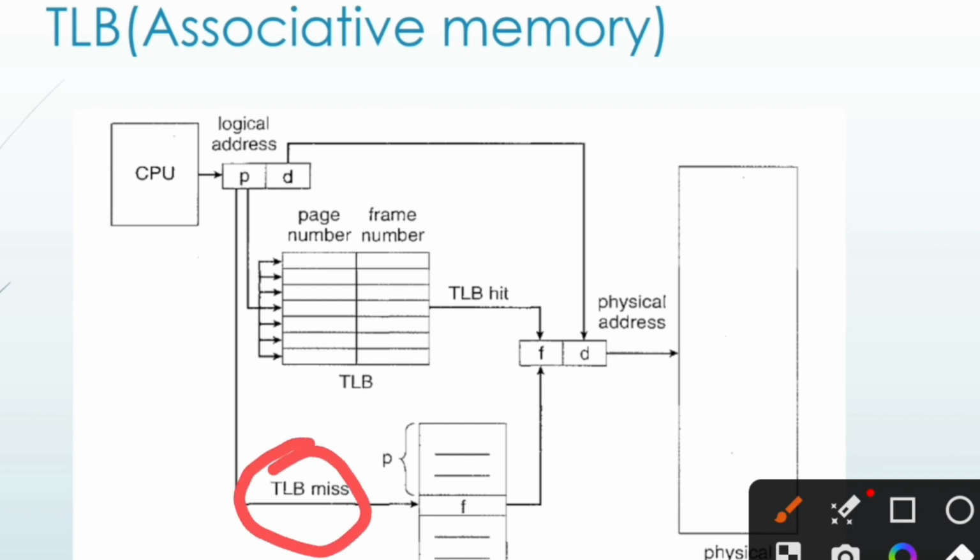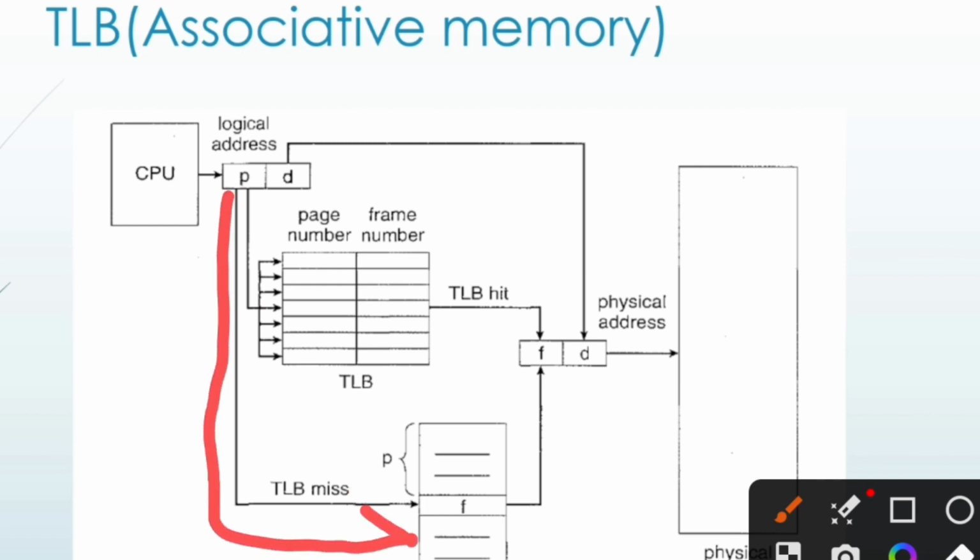The next case is a TLB miss. If we looked up the particular logical address generated by the CPU and we did not find it in the TLB, this is a TLB miss. At that time, we have to make a reference to the page table itself. From the page table, we will be able to find the frame number.